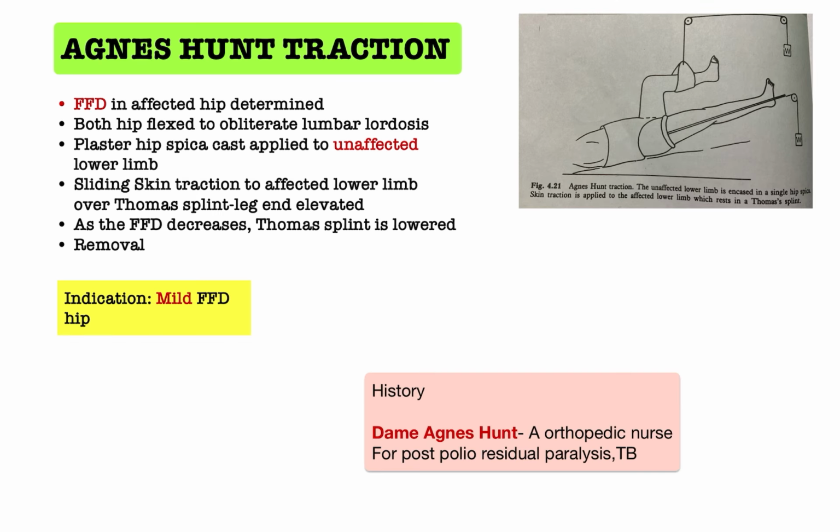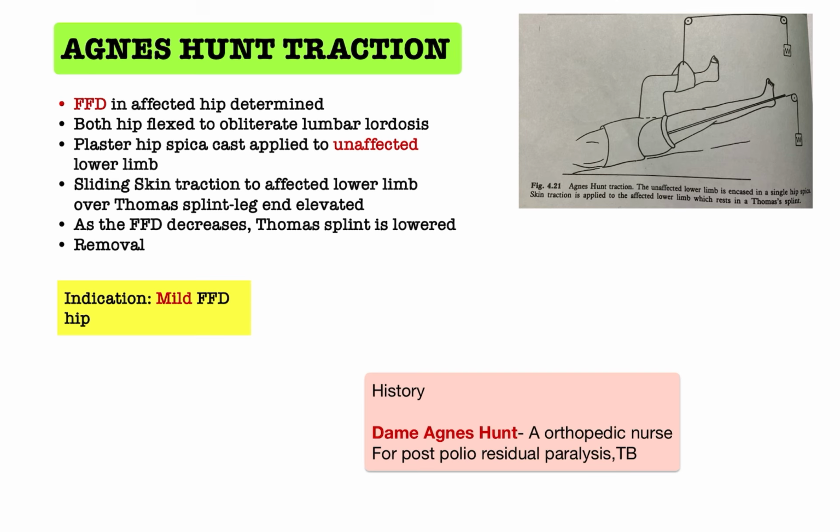Then both the hips are flexed to obliterate the lumbar lordosis. Then, while maintaining the hip and knee in flexion, a plaster hip spica cast is applied to the unaffected lower limb, and sliding skin traction is applied to the affected lower limb over the Thomas splint, and the leg end is elevated.